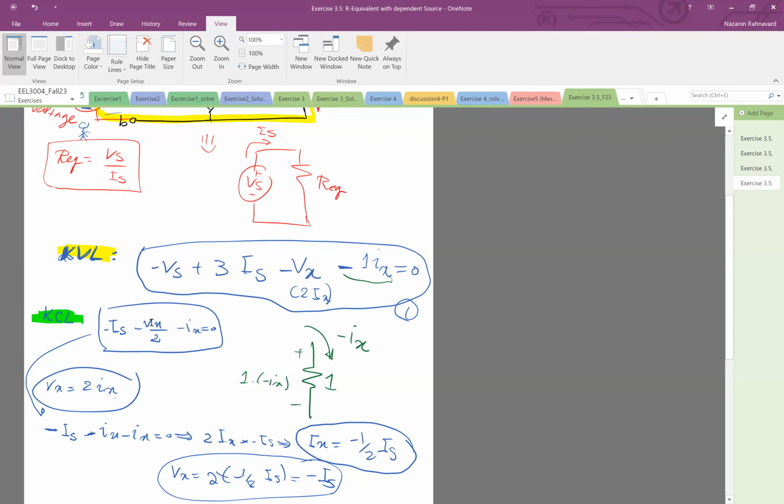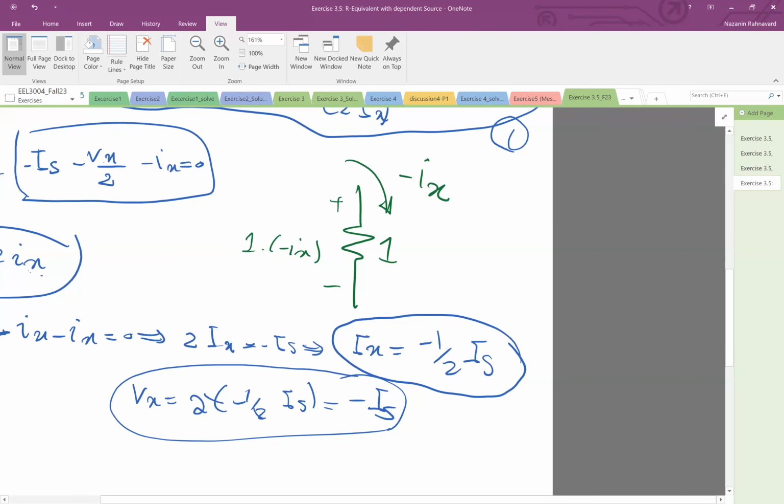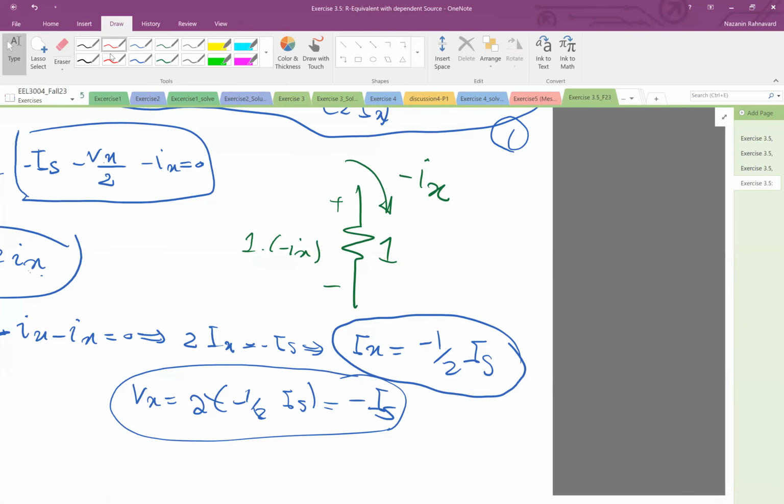So Vx is 2Ix. I replace it in this equation. So therefore, I find a relation between Is and Ix, like this. Based on that, also Vs is twice Ix, and Ix was negative half Is.